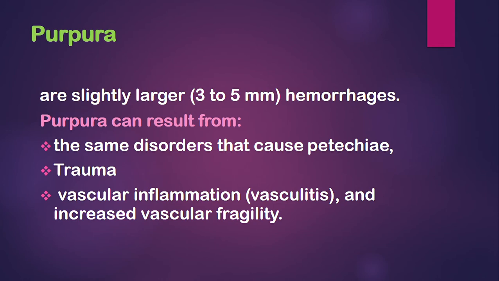The other term is purpura. Purpura is slightly larger than petechiae, hemorrhages 3 to 5 millimeters in diameter, also in the skin, mucous membranes, or serosal surfaces. Purpura can result from the same disorders that cause petechiae.